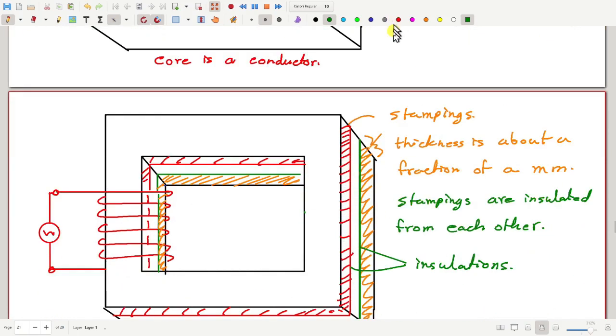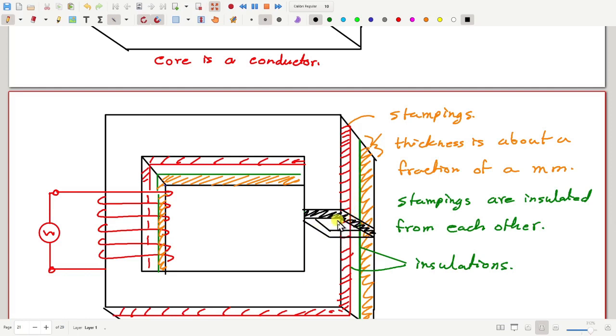Here also you may imagine a closed path through which the current will try to flow. But this closed path is not electrically closed because there are insulations in between.